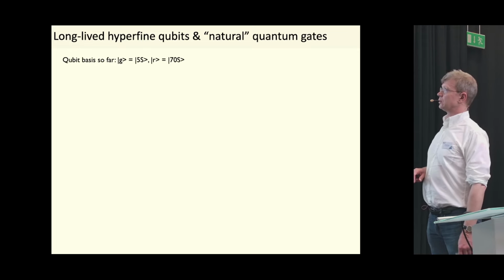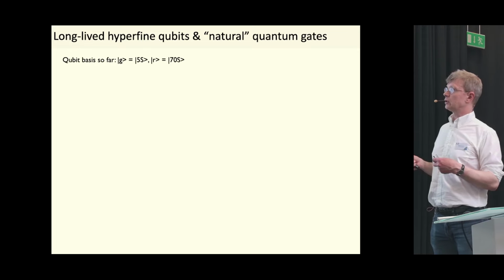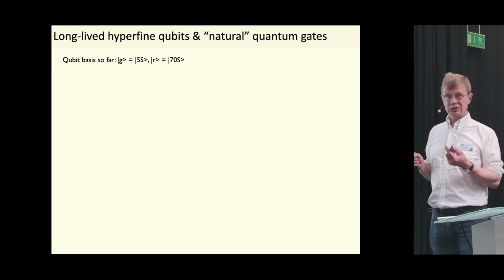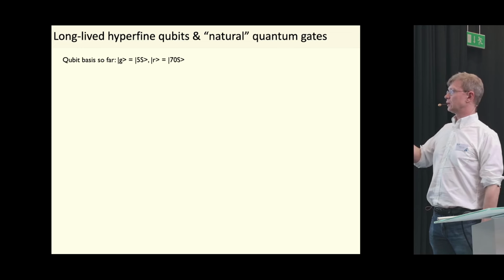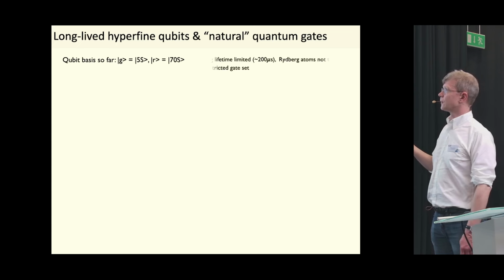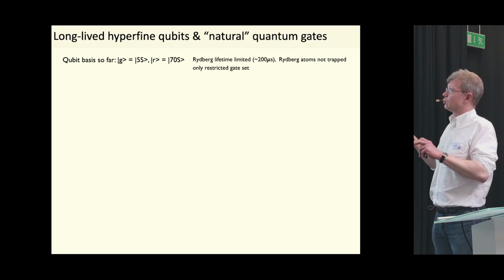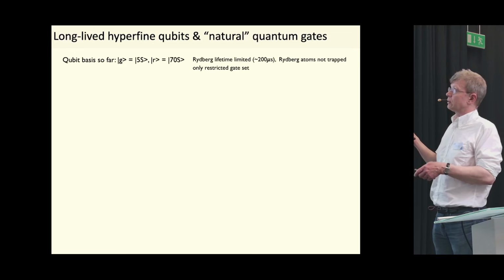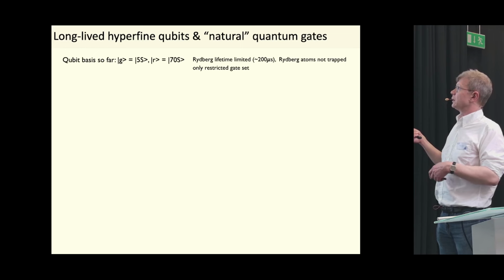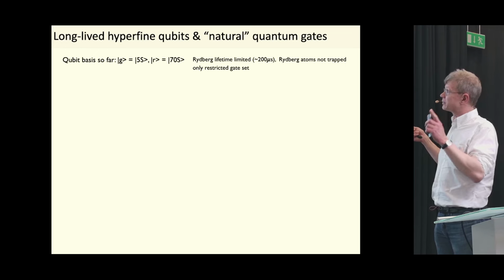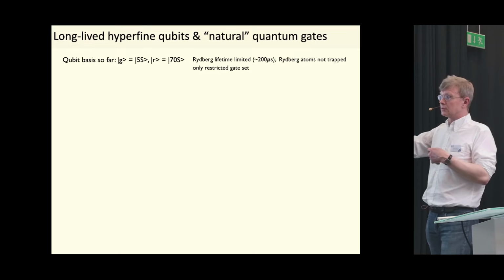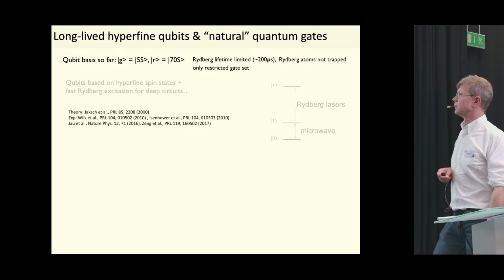The difference between analog and digital, as I say, is not very sharp. For analog systems, mostly we are using this ground Rydberg basis. It has some positive features, but also limitations, because the Rydberg state does not live forever, and Rydberg atoms cannot be trapped, which would limit how long the evolution is.